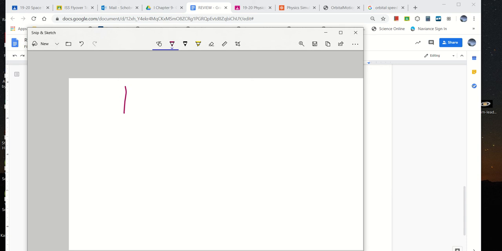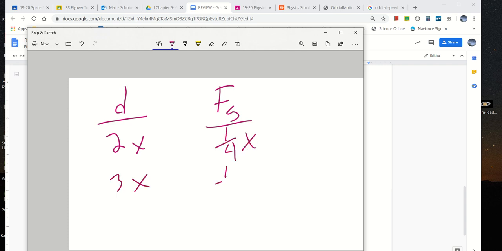If distance here is 2 times as much, the inverse square of that number 2 is what happens to the force of gravity. So the force of gravity is 1/4 as much. If distance is 3 times as much, the force of gravity has to be 1/9 as much.